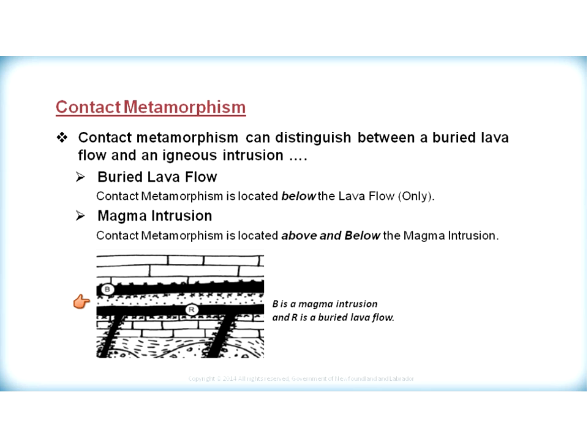So if we look at the diagram below, we see two areas, one represented by the letter B, and a second represented by the letter R. One of these igneous rock units would represent an intrusion, and the other would represent a buried lava flow. If we look at the lower rock unit, denoted by R, we see that we have contact metamorphism represented by X's below the rock unit.